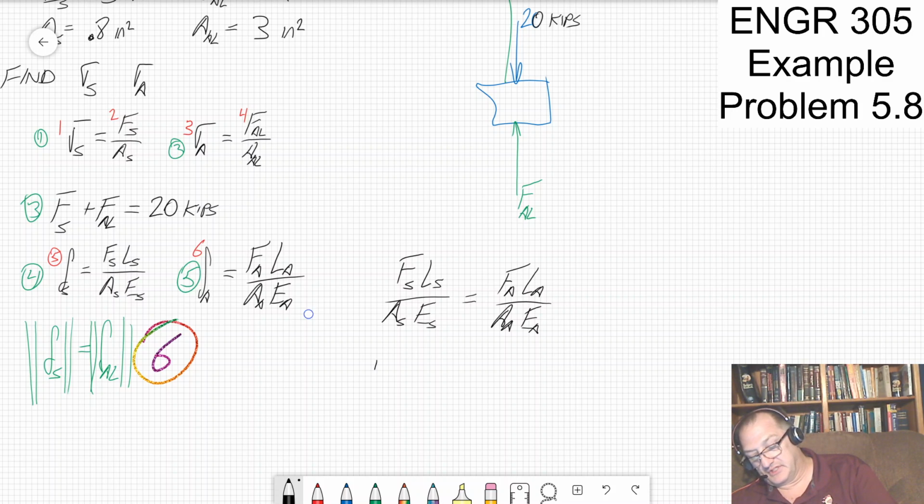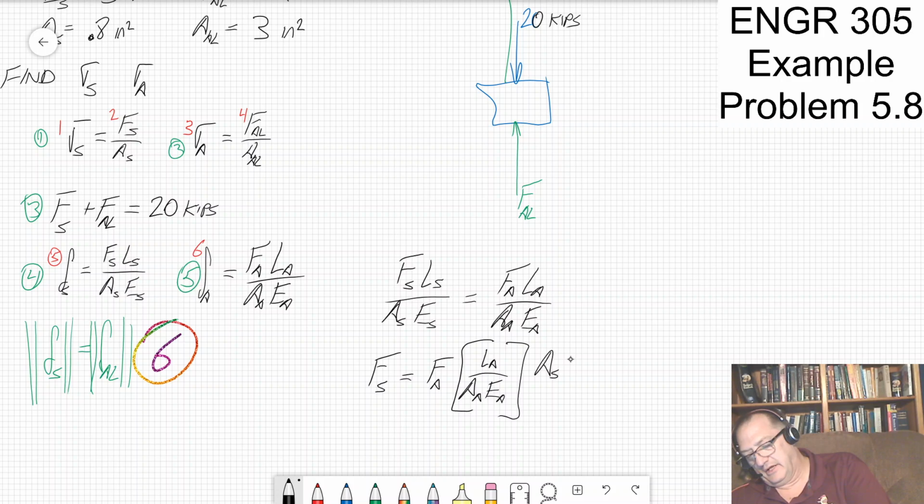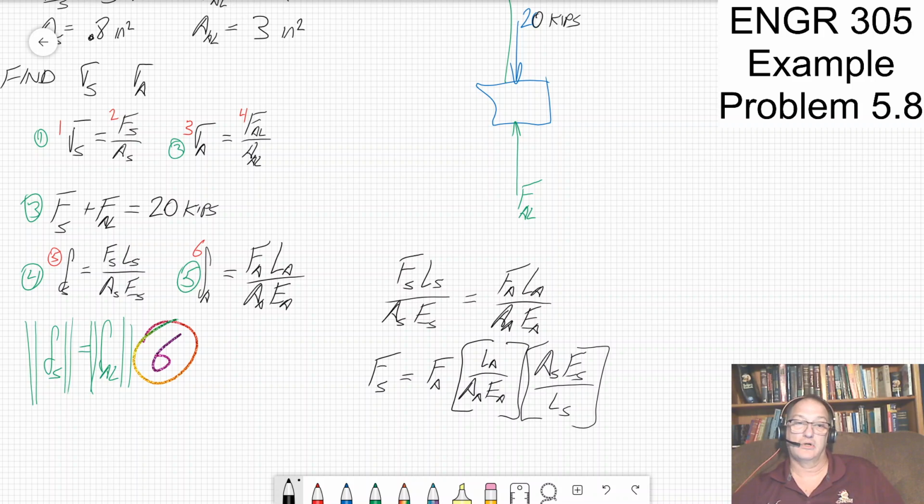I would start with saying force of the steel is equal to force of the aluminum times L over AE of the aluminum, times AE of the steel over length of the steel. And just punch those numbers in, and we'll start getting out some values.